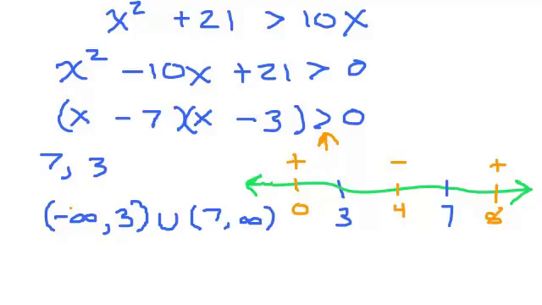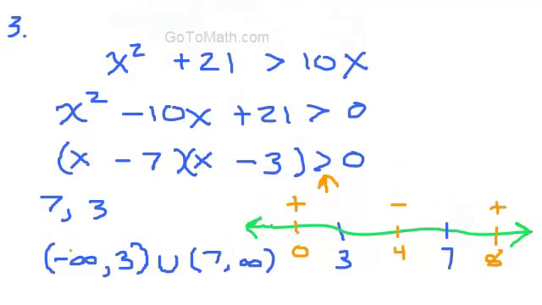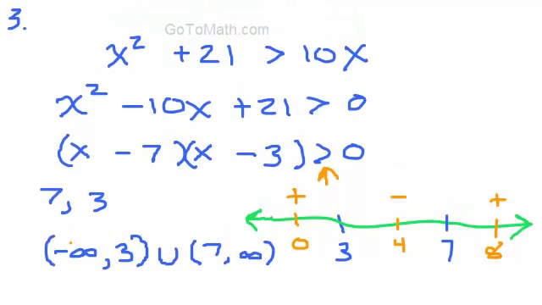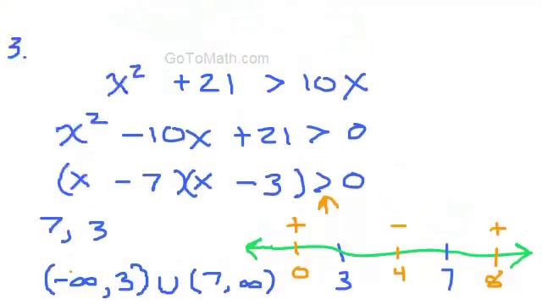So we'd end up setting this up as two separate inequalities, where x is greater than negative infinity, less than 3, and then we would write the other inequality as x is greater than 7 and less than infinity, and I'll leave that to you. Okay, so this is pretty easy. We're finding the solutions to this inequality up here. All right.